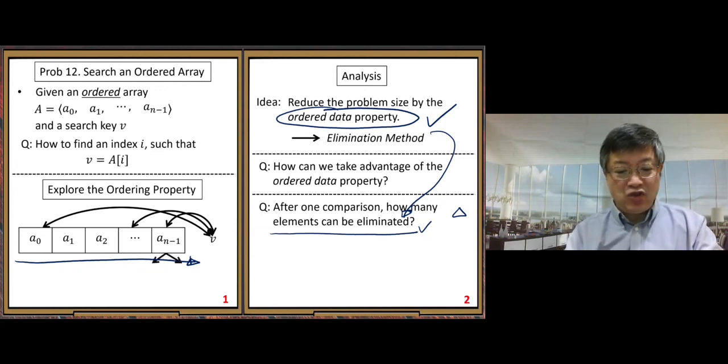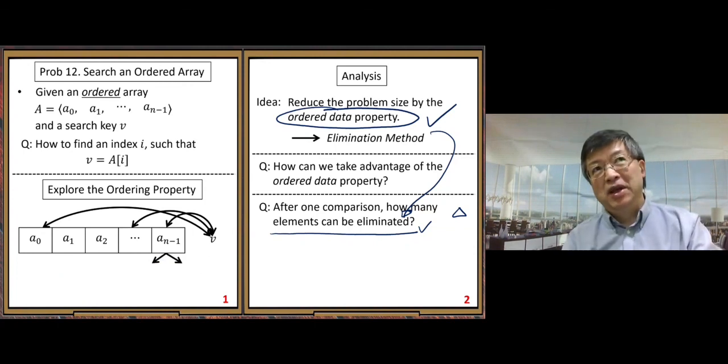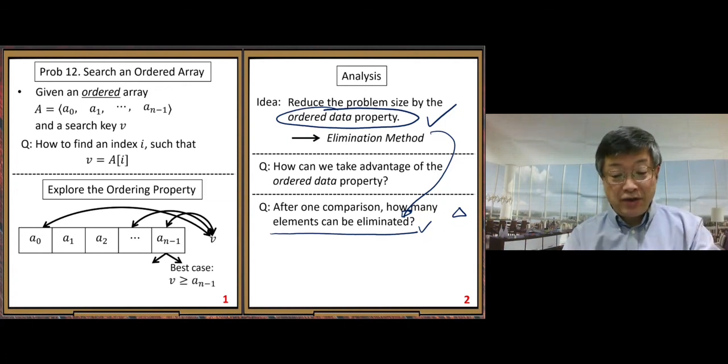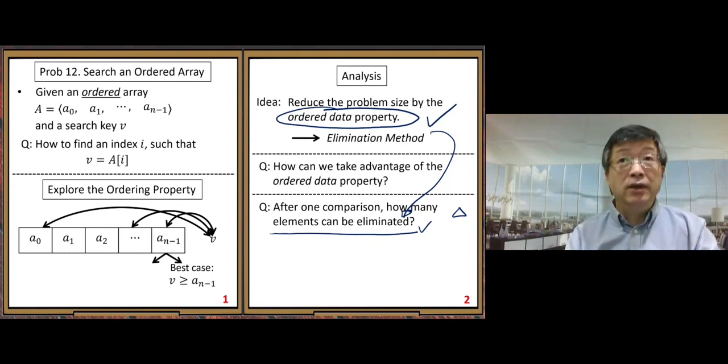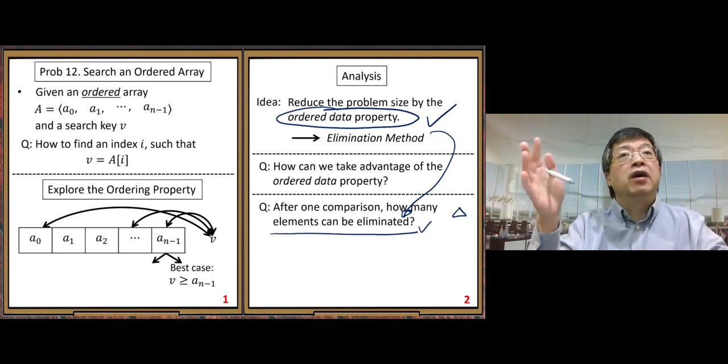So let's try that. First, if we compare with the last element, then we have two possibilities to consider. The first one, the best case, is V greater than or equal to A sub n minus 1. Then we get the result. If equal, we find it. If greater, V cannot be found in the given array.